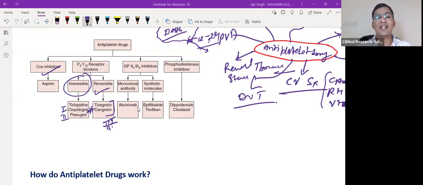There are drugs like abciximab, and then eptifibatide, and then tirofiban.